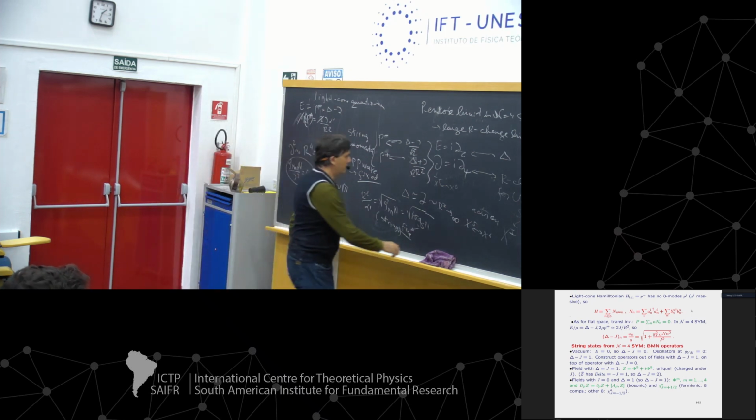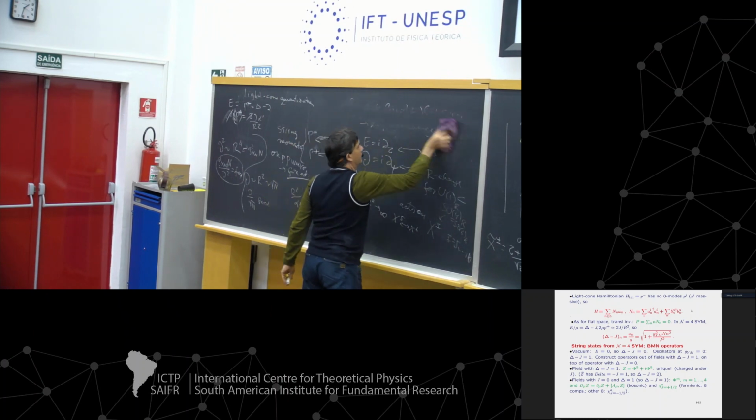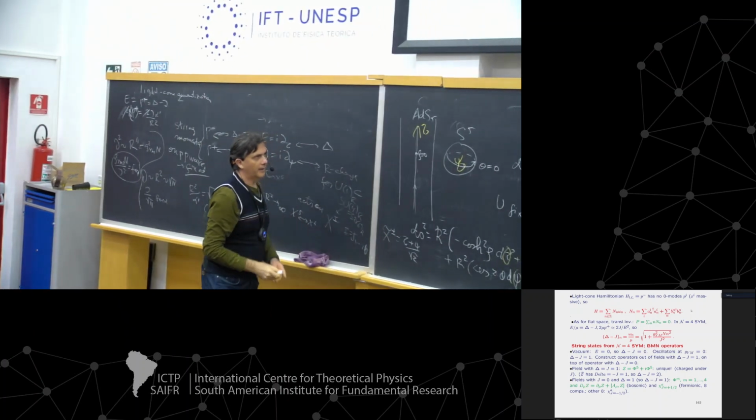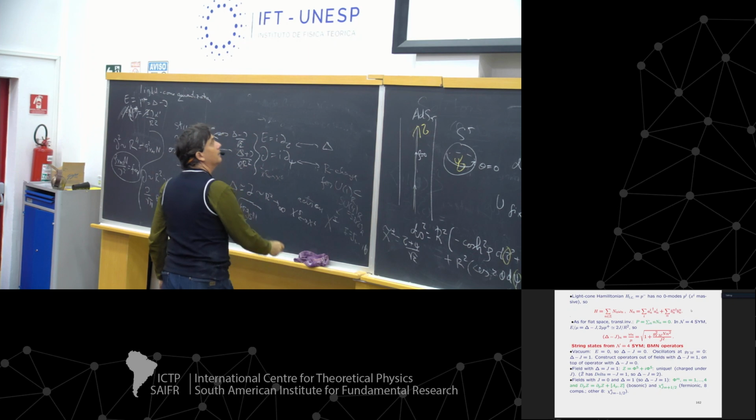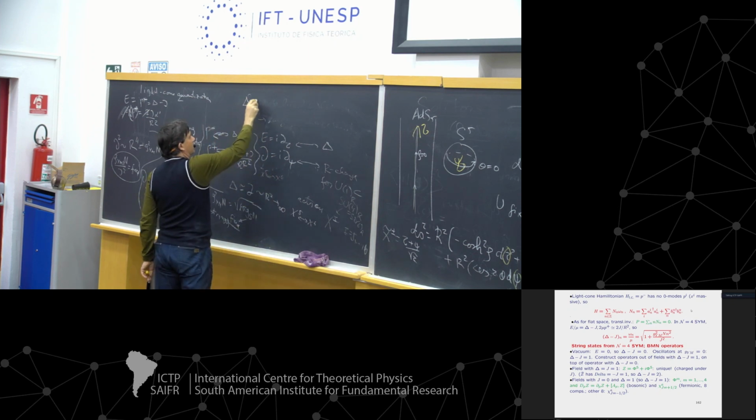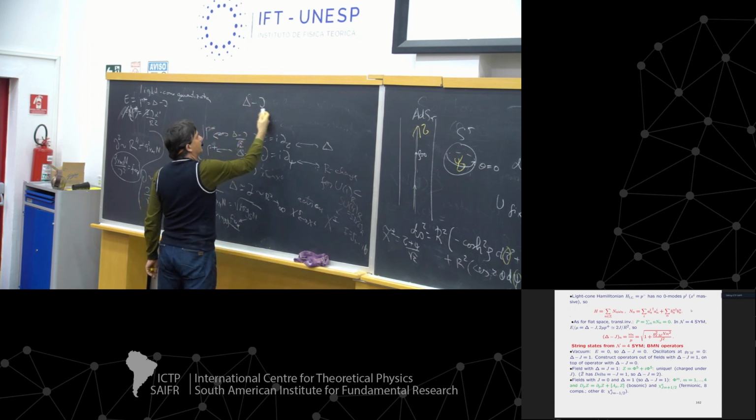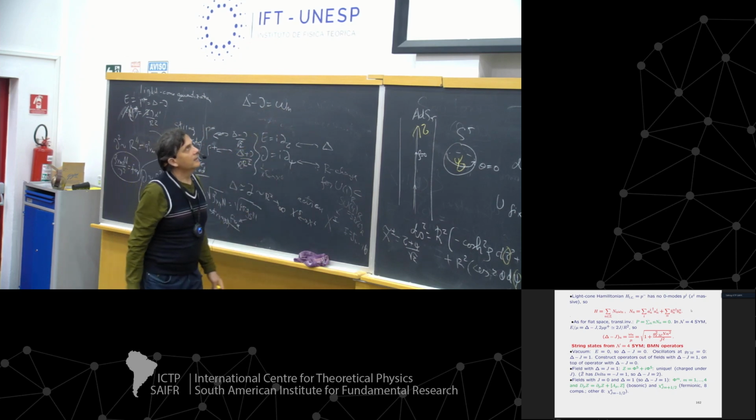So that means that in the end we have that delta minus j, which is omega n, or energy, right?